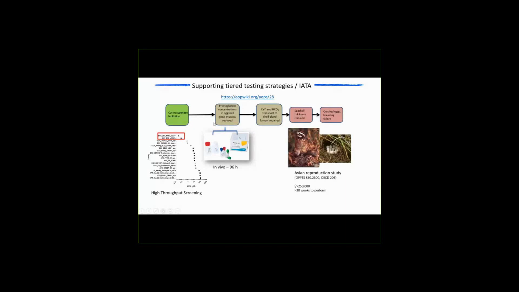Instead, we might use the AOP to guide us to some intermediate endpoints that we could look at, say in vivo in a 96-hour assay looking at prostaglandin concentrations to give us an indication of whether exposure to this chemical in vivo may actually produce the biological changes that we would expect to progress along this line. And so we can use this in a tiered approach to help gather more evidence before running this very expensive long-term test, if we need it at all.